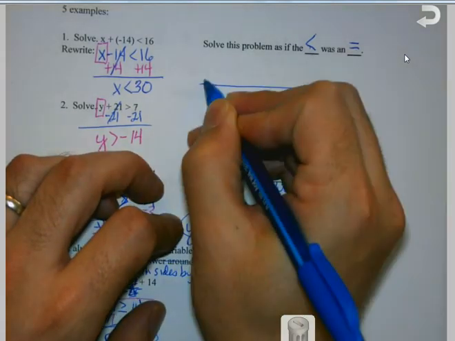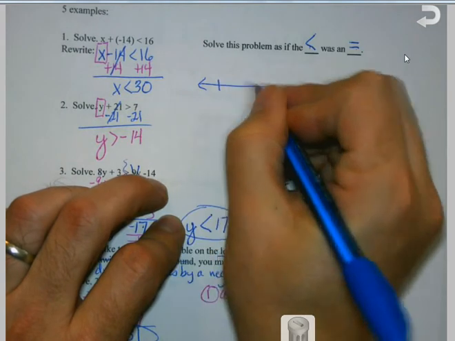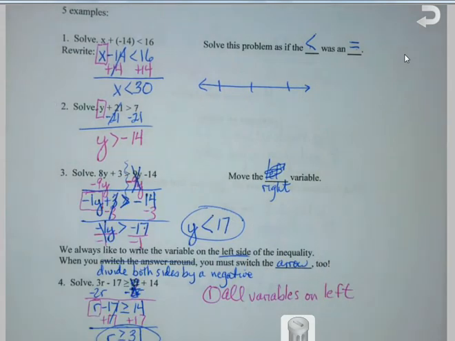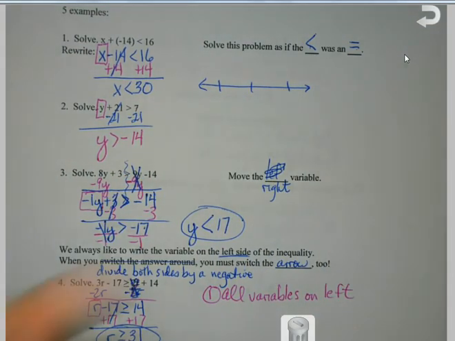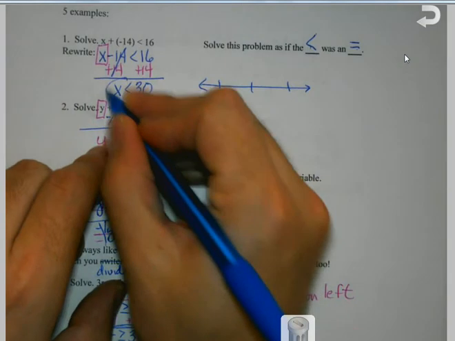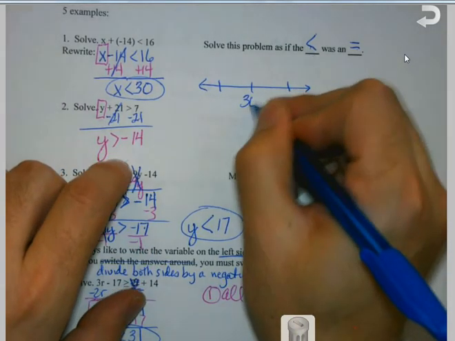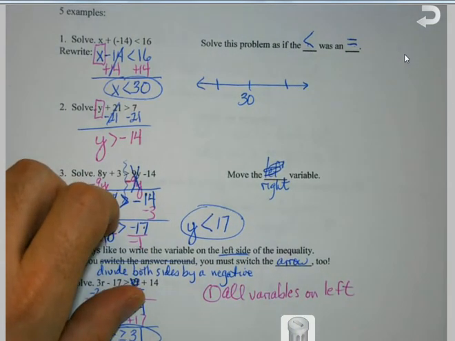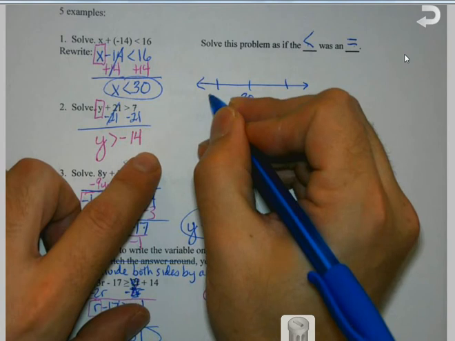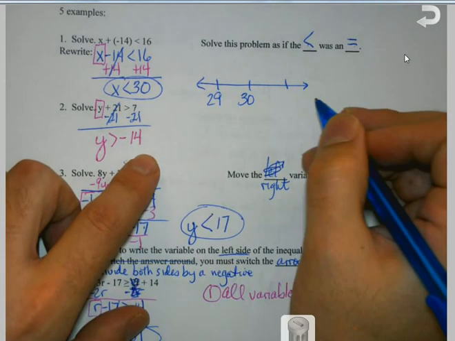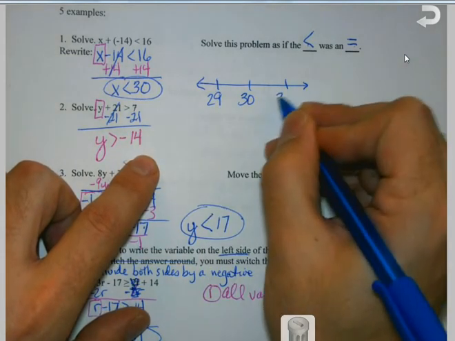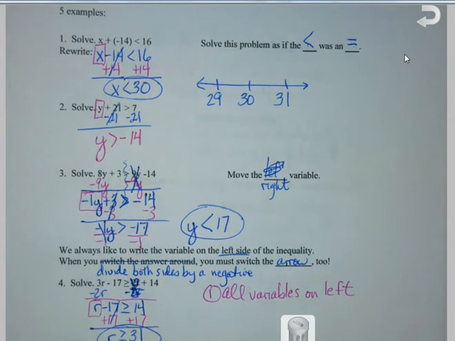We're going to make us a quick little number line. We're just going to put 3 lines on it. The number that you've got for your answer always goes in the middle. And then I do 1 less to the left and 1 more to the right.